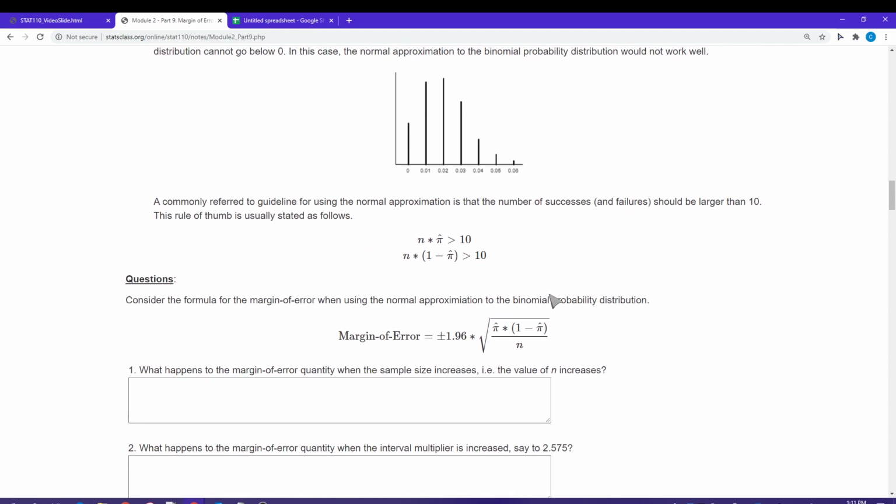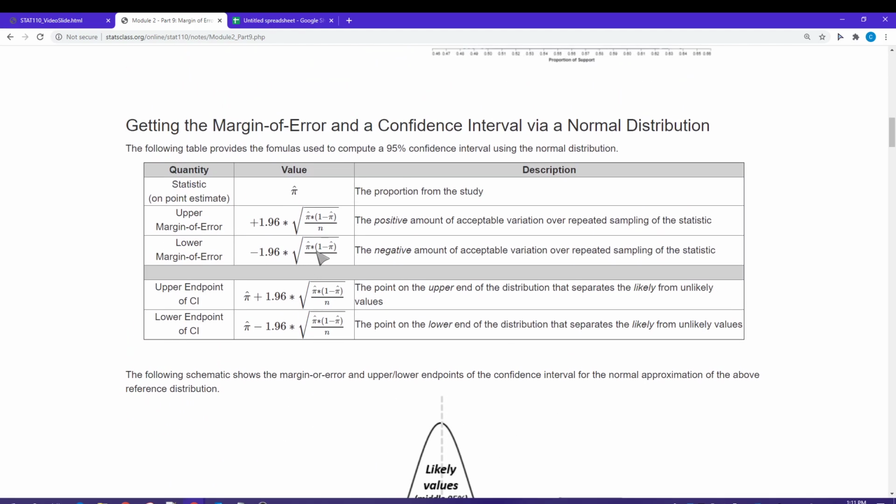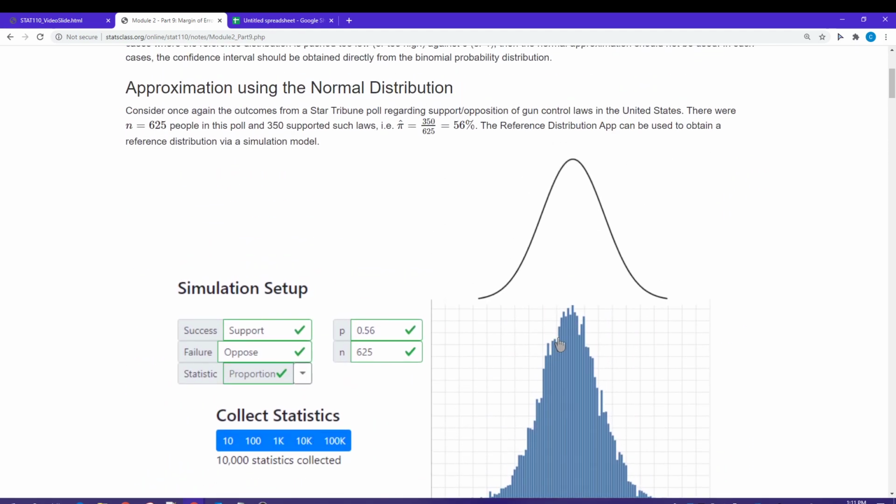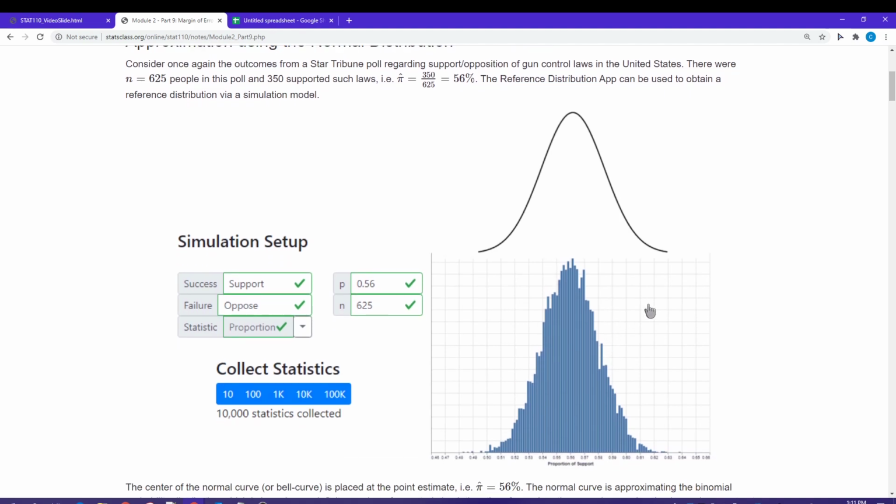So that's a commonly referred to general rule of thumb of when it is okay to use this bell curve approximation to this reference distribution. Now the simulation app actually gives us a picture of that reference distribution. So you'll be able to easily identify if the bell curve is a good approximation or not.